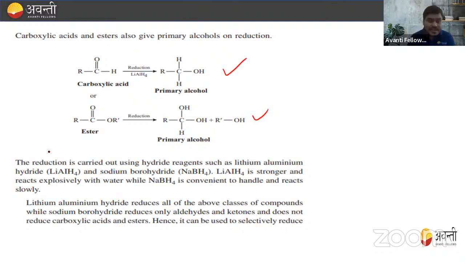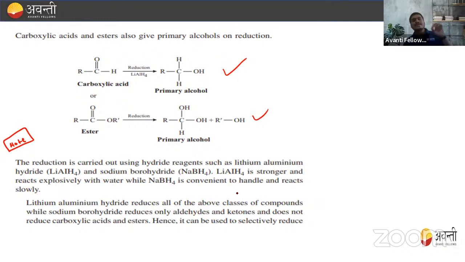Here is a very important note, which may come in your examination. Such points are very important, so you must remember this. The reduction is carried out using hydride reagents, either lithium aluminum hydride or sodium borohydride.